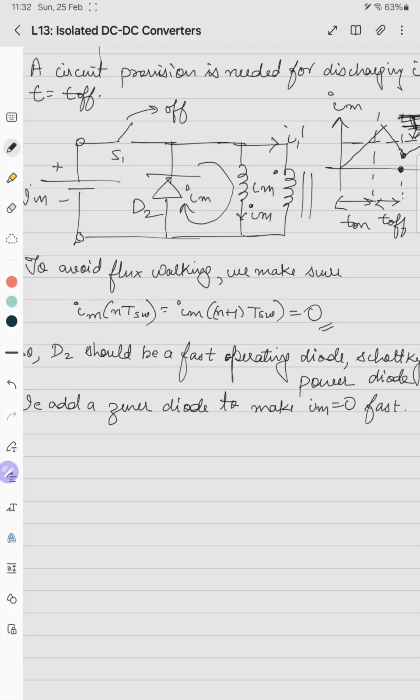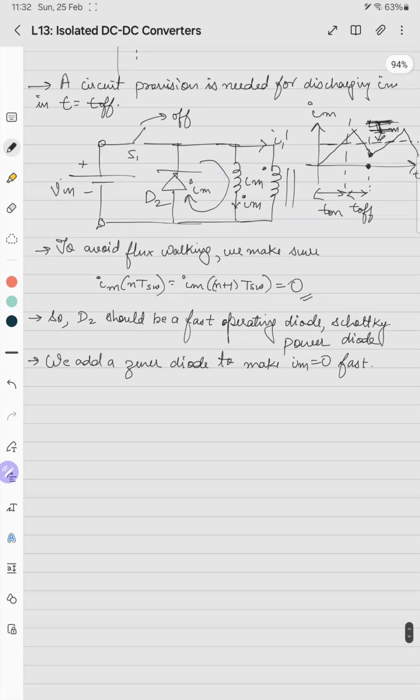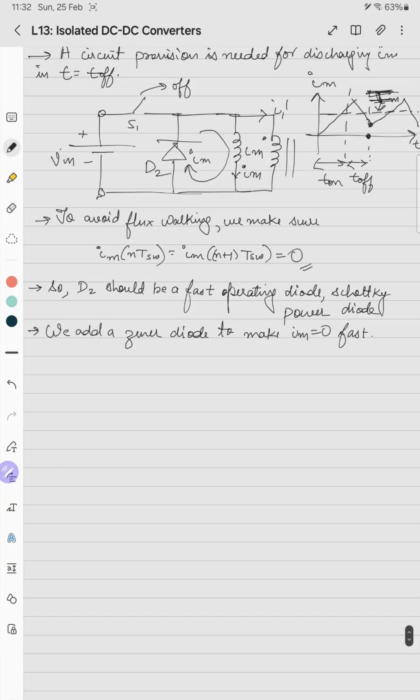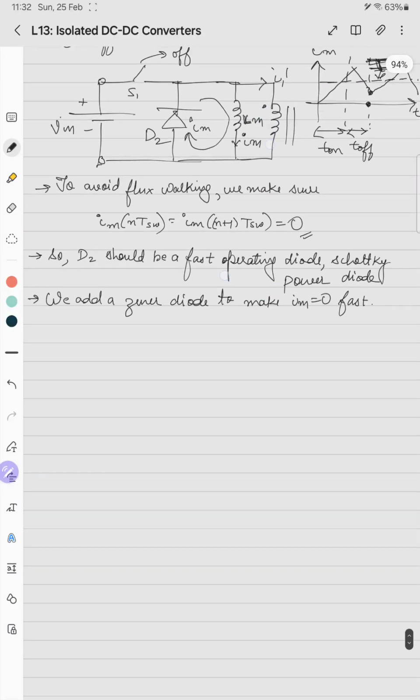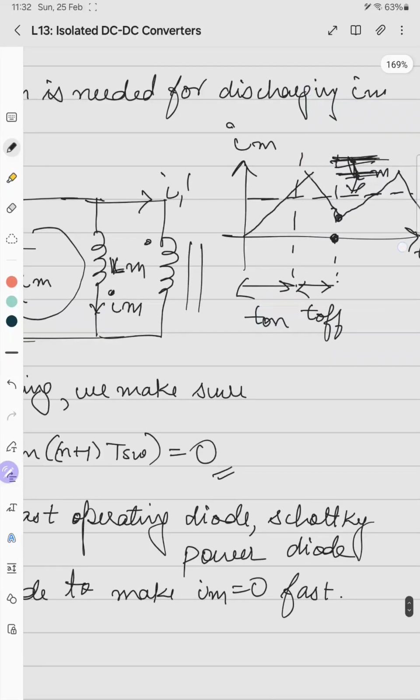So my idea is to have a circuit element that will make the voltage across LM for S1 off become negative, so that IM falls quickly. So this is IM1, and IM will fall quickly. These are the different time instances.